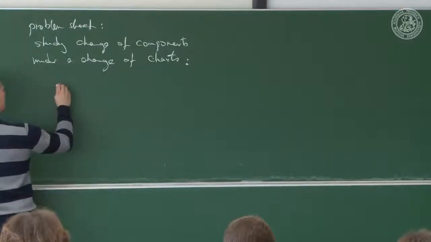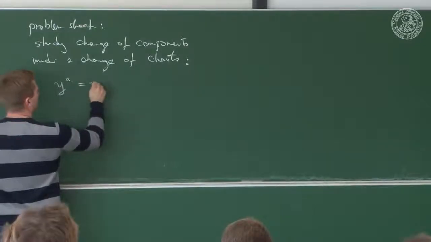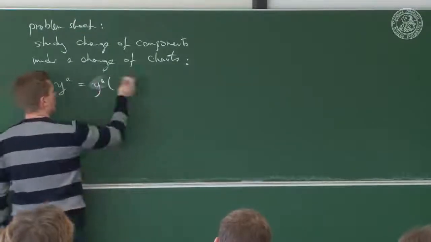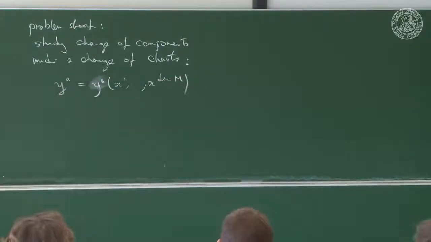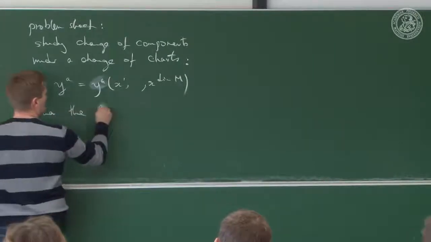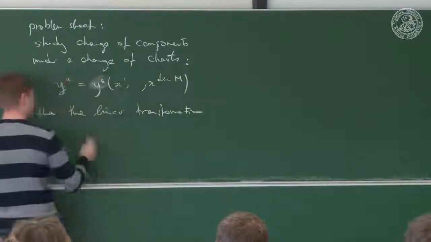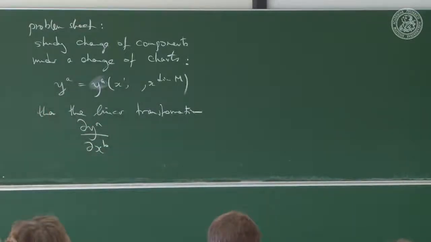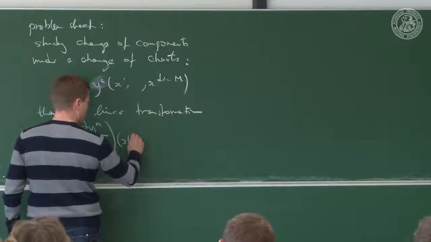If you have a chart transition map where you go to a new chart y, which in terms of the old chart x is given as, well, this is physicist notation, y^a is y^a of x^1 to x^m, but you know what I mean, you go from one chart to the other chart, then the linear transformation ∂y^a/∂x^b, this can be evaluated at the point x of p.